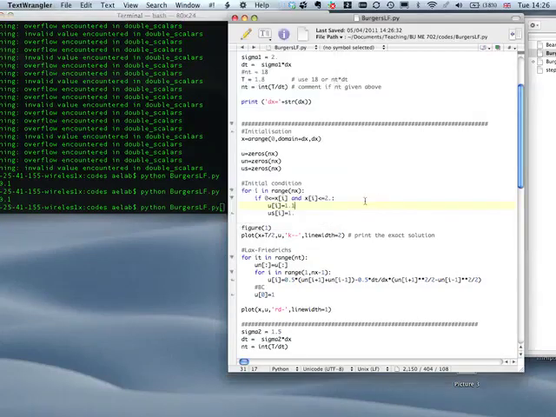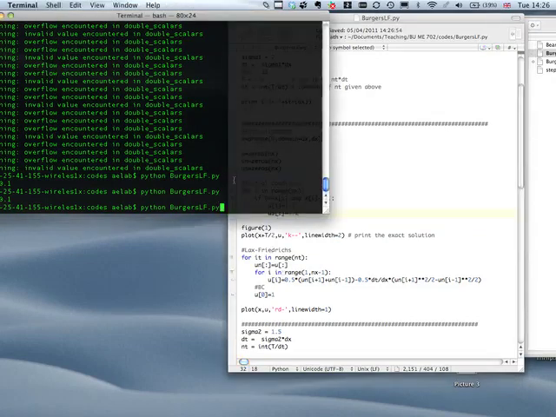Let me change it for both. I've got two solutions because I used this auxiliary variable, so I can change the one. This is just the value of the solution between 0 and 2, and I'm changing that to 1.1 instead of 1. And I run it.